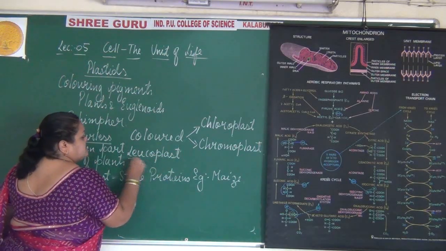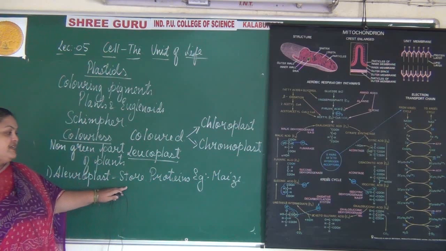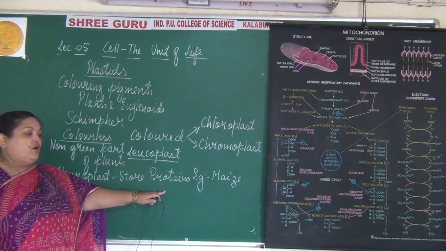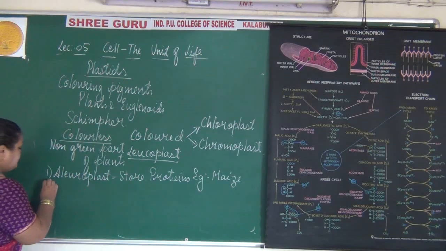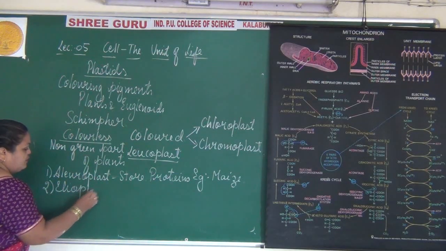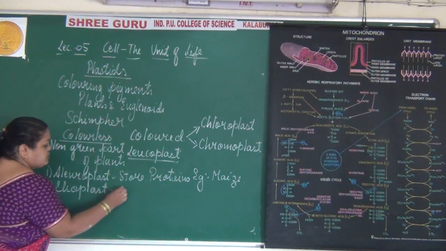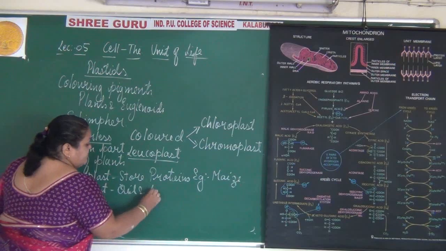Colorless plastids are known as leucoplasts, and are classified based on the components they store. Aleuroplast stores in the form of proteins. Example is maize. Second is elaioplast, which stores oils and fats.